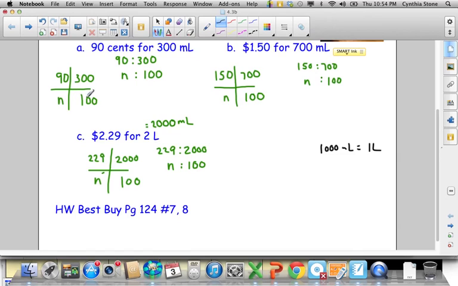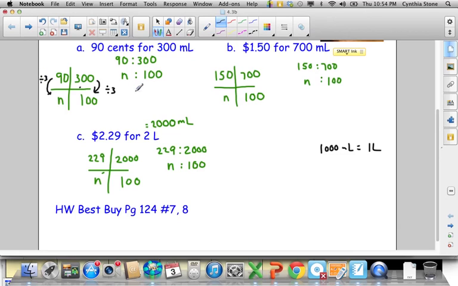We want to know the price per 100 mils, and whichever one is the lowest would be the best value. Again, we're going to look for relationships. The most obvious one in this case is right here. To get from 300 to 100, you divide by 3. Therefore, to get from 90 to N, you have to divide by 3.